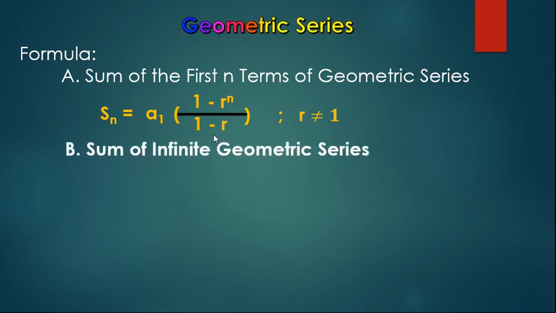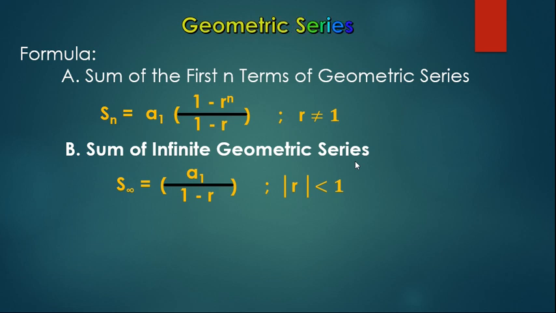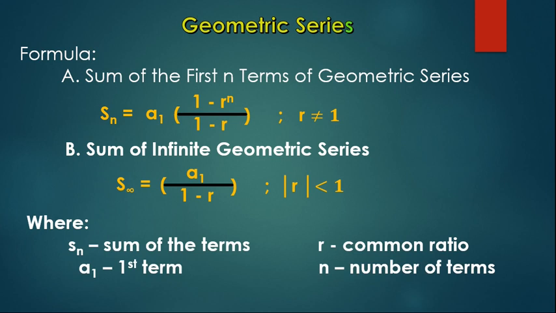Next, if we are looking for the sum of the infinite geometric series, ayan, so we have here an infinity sign since infinite nga yung geometric series natin. So, the formula will be quantity of a sub 1 over 1 minus r, wherein again, the absolute value of r is less than 1, no?